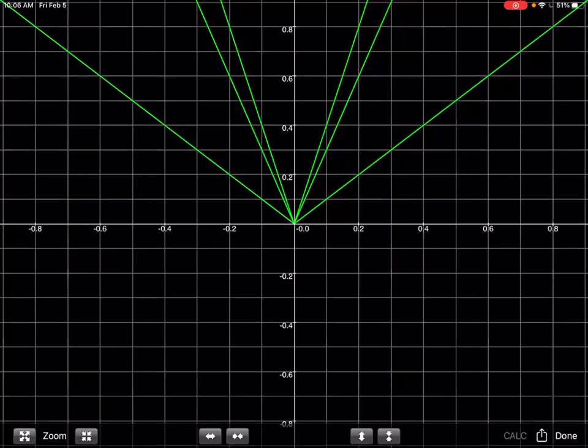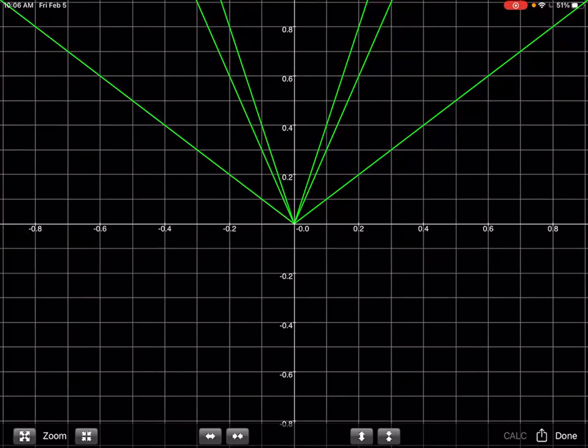Let's look. So now my third graph is inside of the other 2. So you can see that that graph is even more narrow than the previous one.